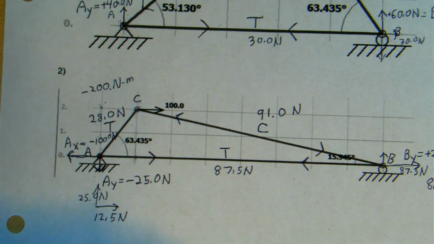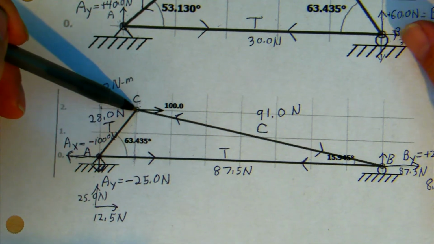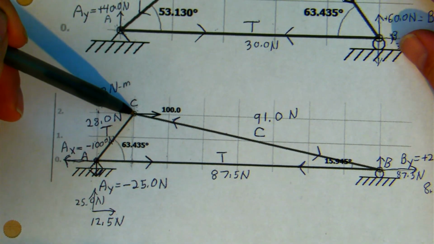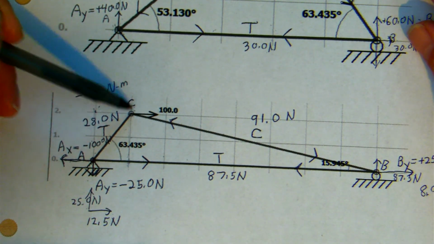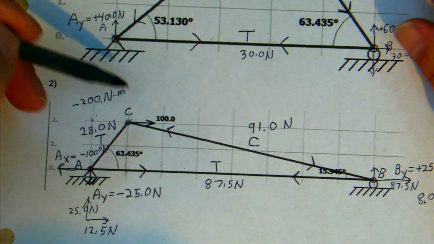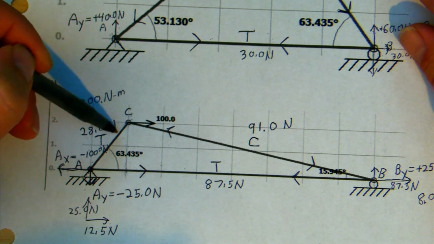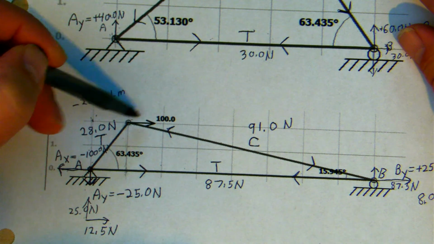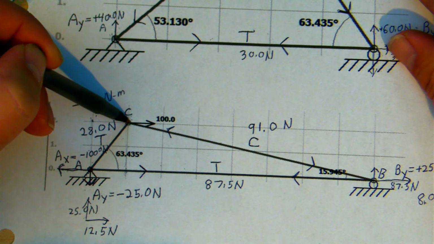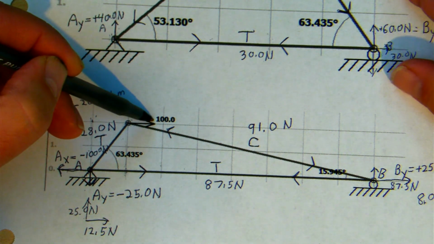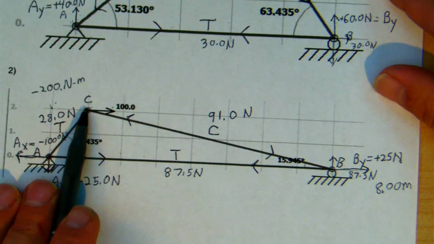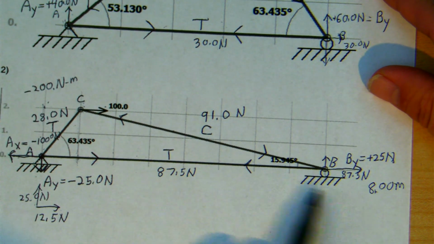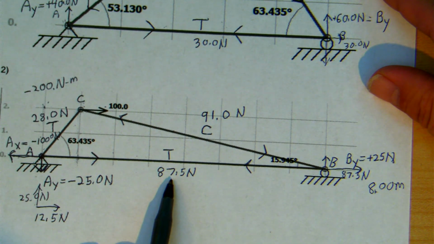I'm done already. If you like, as a check, you could then go and verify that the sum of all the forces acting at point C must add up to 0. Let's see. The load is pushing point C to the right with a magnitude of 100 newtons. BC is pushing C to the left, if you remember, with a magnitude of 87.5 newtons.